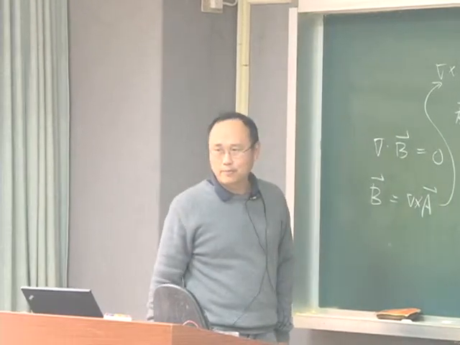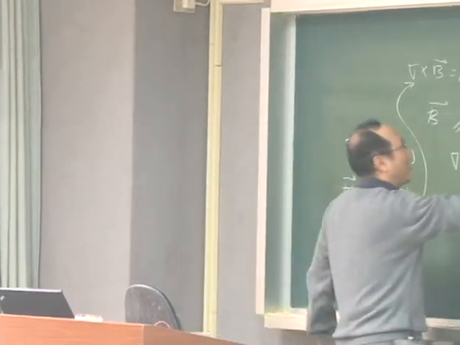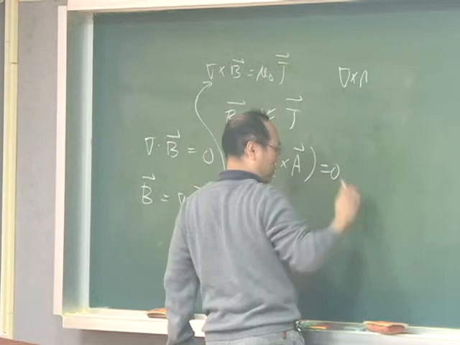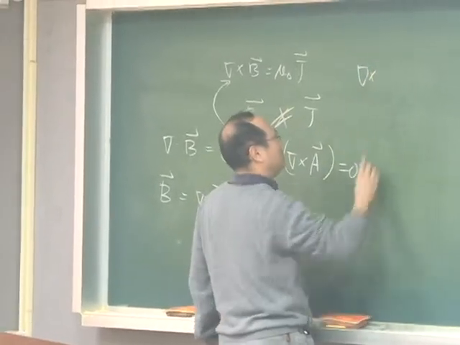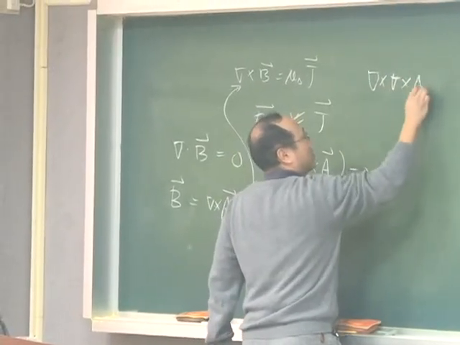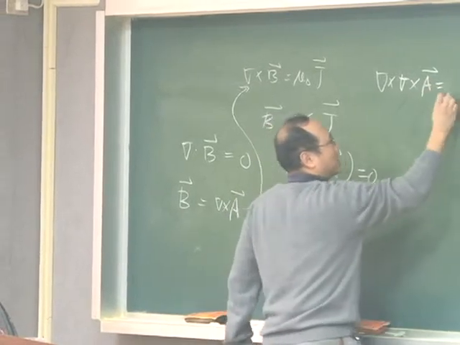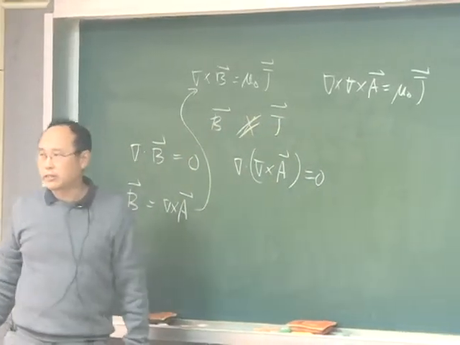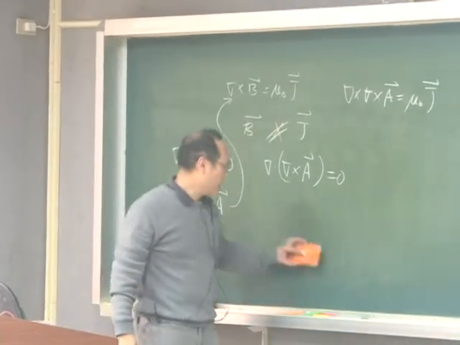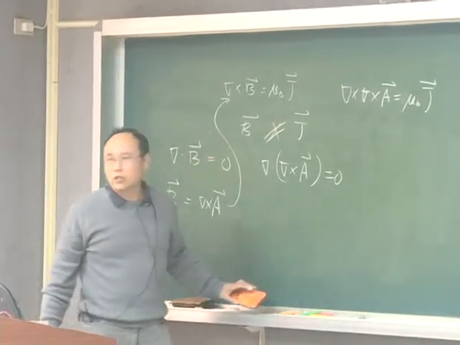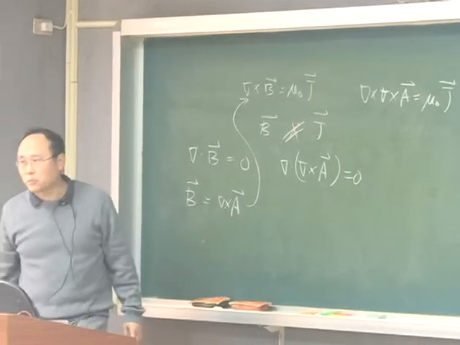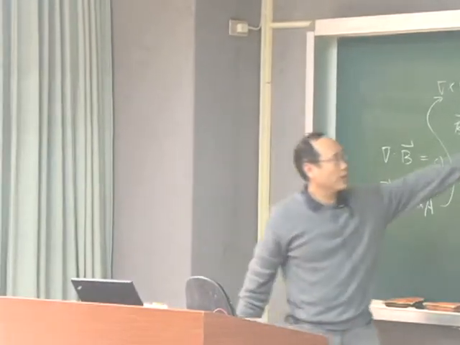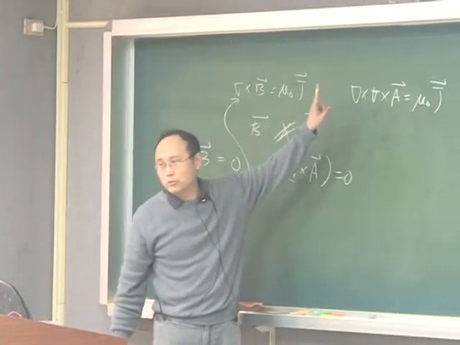So let's define this B to be the curl of some vector and then put into this Ampere's law and see what happens. Okay, so you have double curl of some vector, and on the right hand side still you have J multiplied with the current density. And if you still remember the definition of the vector Laplacian, then you can decompose this into two terms.